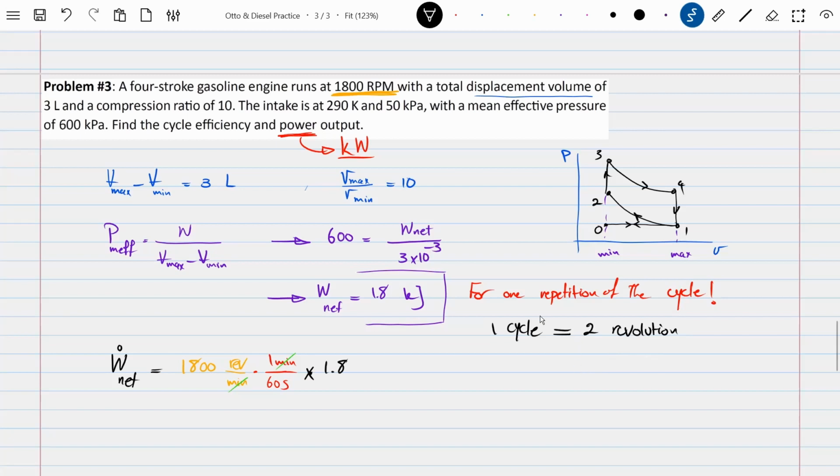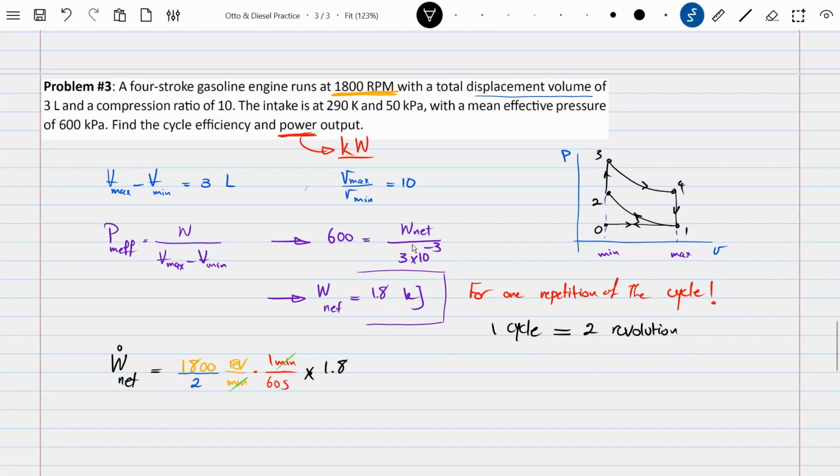So when the engine is running at 1800 revolutions per minute, the system goes through 900 cycles per minute, because every 2 revolutions is one cycle. Now, that is the final correction to our equation here. You have to divide the RPM by 2.